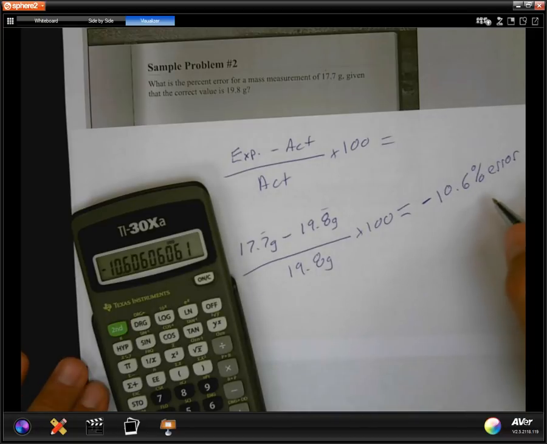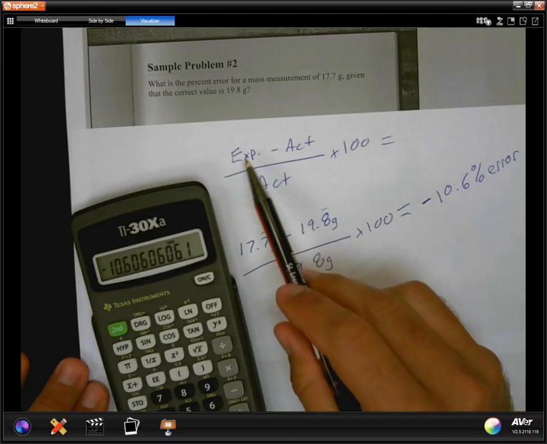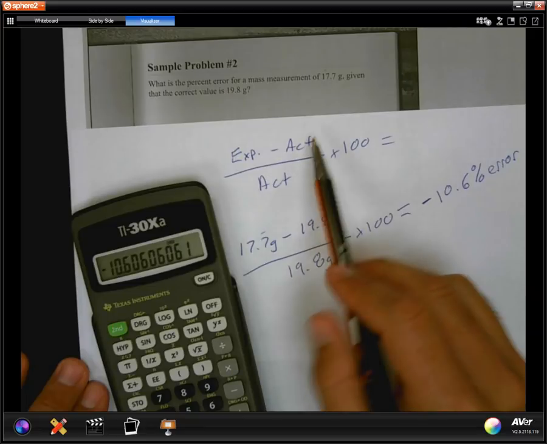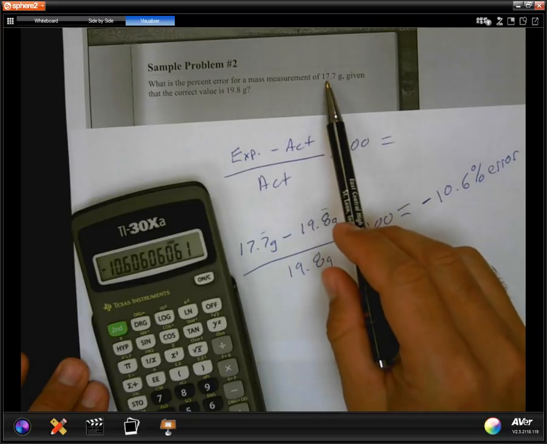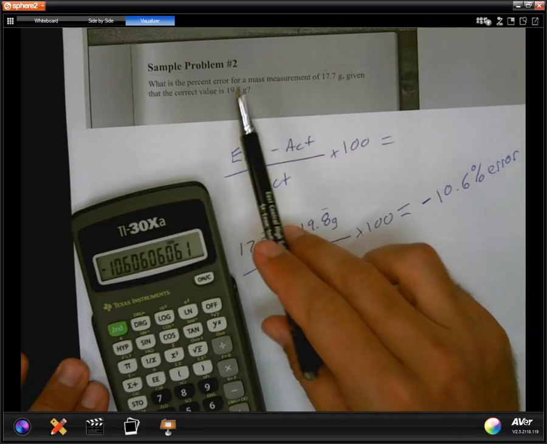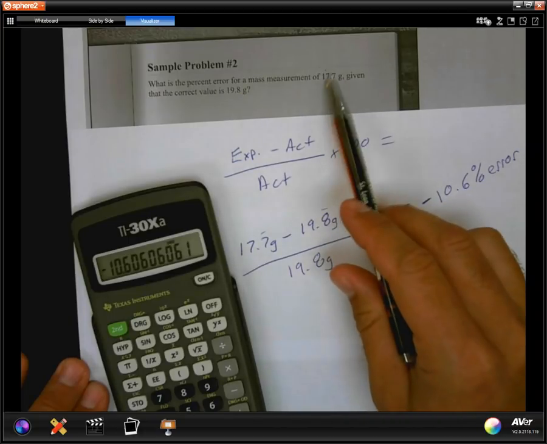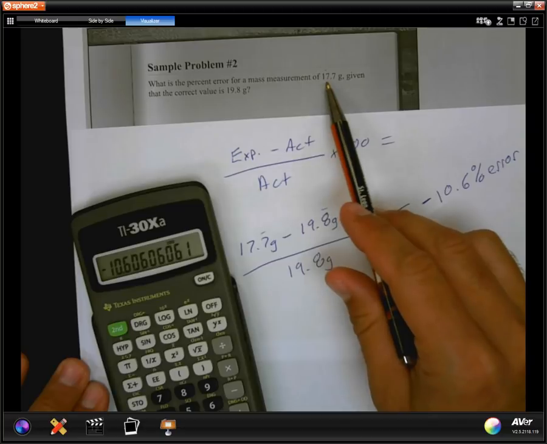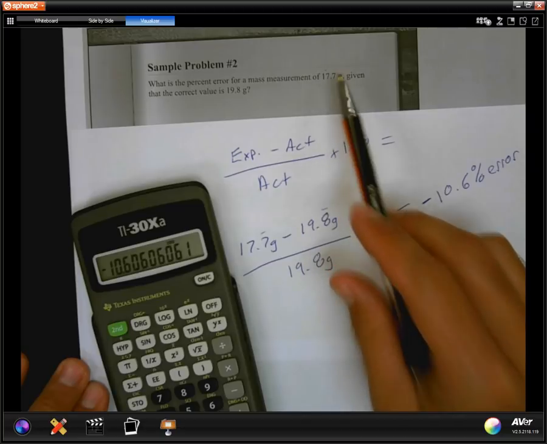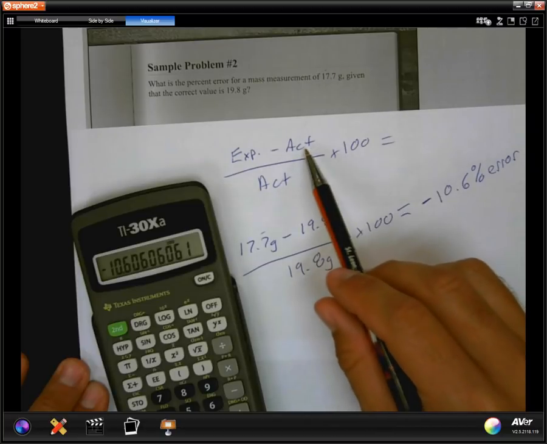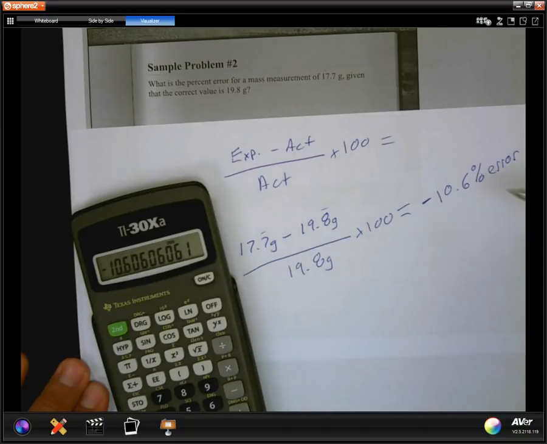So what does that mean? Why did I get a negative number? Well, a negative number is what you're going to get when your experimental is less than your actual. Look up here again. My experimental was less than my actual, so I'll get a negative percent. If this was reversed, if this was 20.7, if what I got in experiment was bigger than what I should have got in all reality, then my percent error will be positive.